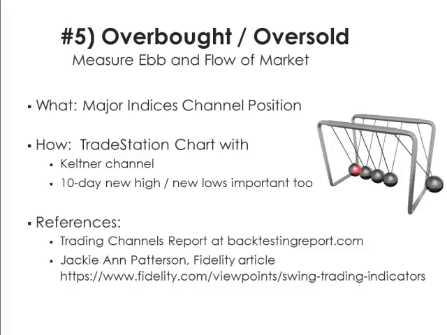I usually use a Keltner channel, which takes a 20-day moving average of price and then adds 3 ATRs above and subtracts 3 ATRs below to make a channel. Then pay attention to where the price is. Oftentimes we'll see it hit the top of the channel and bounce back down, or hit the bottom of the channel and go back up.